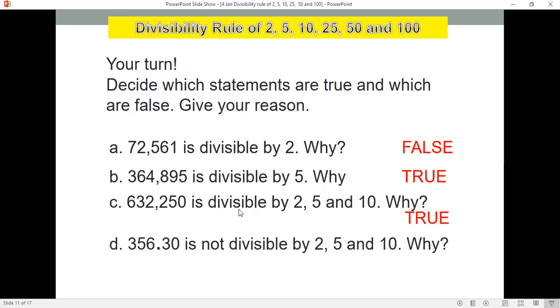Last one. Is this number divisible by 2, 5, and 10? It is not divisible by 2, 5, and 10. It is true.